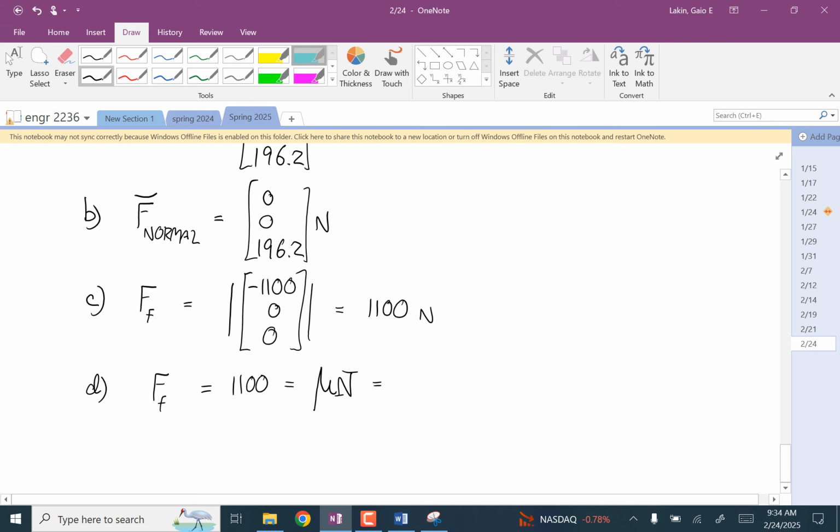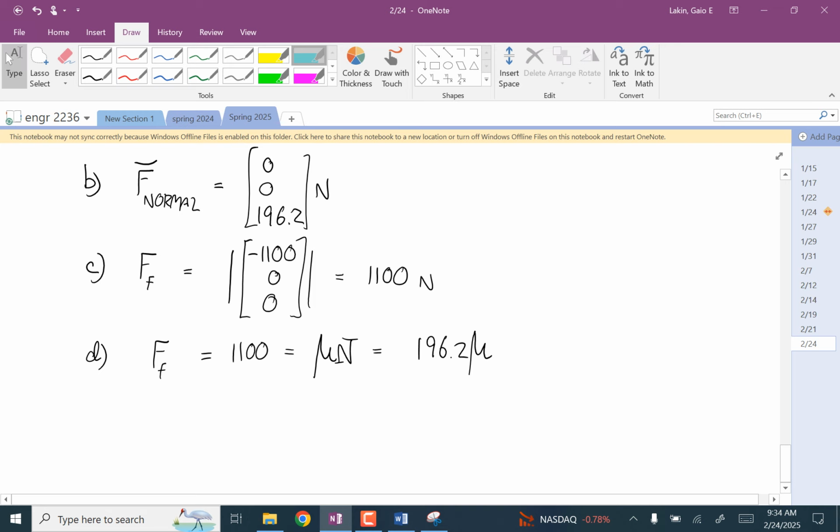So that's 196.2 times the coefficient. And so the minimum coefficient of friction is about 5.6.